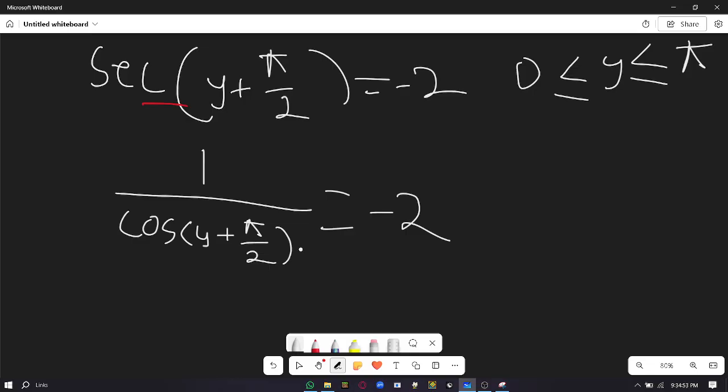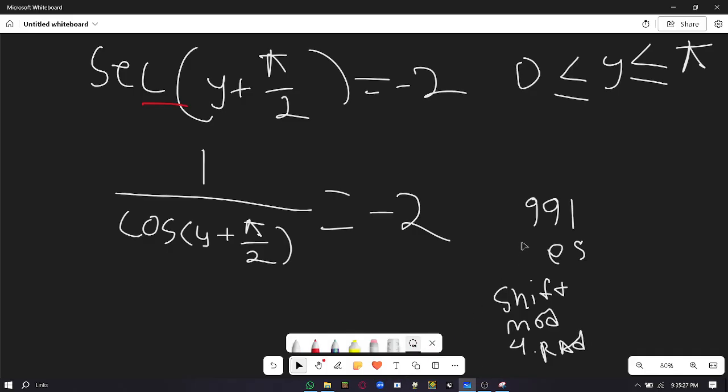If you don't know how to do that, if you're using the 991ES calculator, click on Shift, then Mode, and then choose 4, which has rad written on it. That's what you have to choose to change to radians.